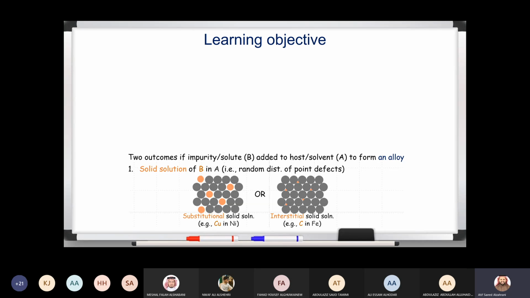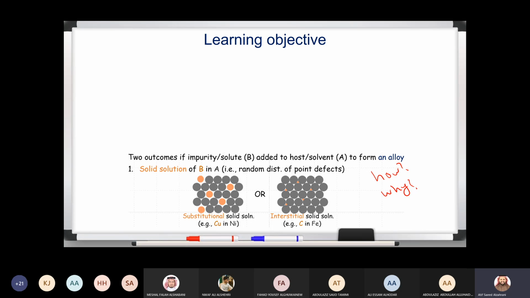So we didn't mention how this is happening and why it is happening. We know that at the end it will be just copper and nickel, for example, or carbon and iron. It will be either substitutional or interstitial, but we didn't mention anything about the mechanism, how and why this is happening.